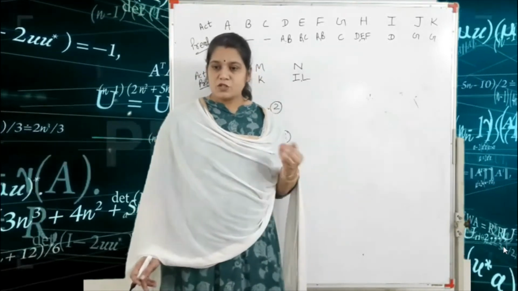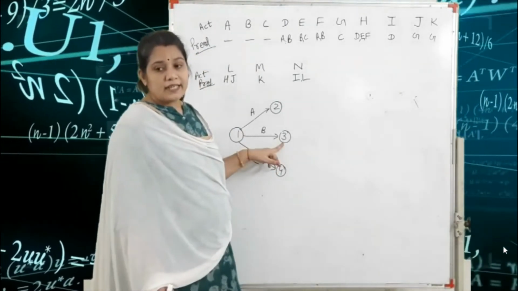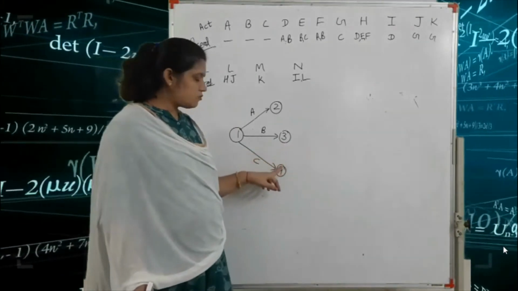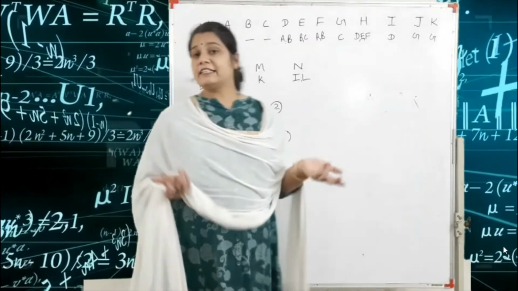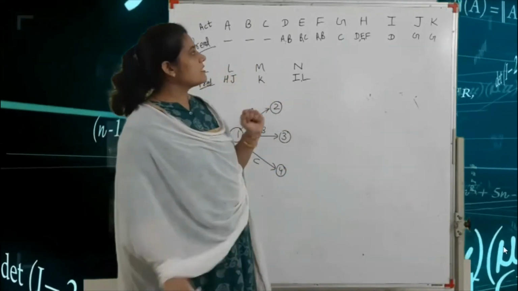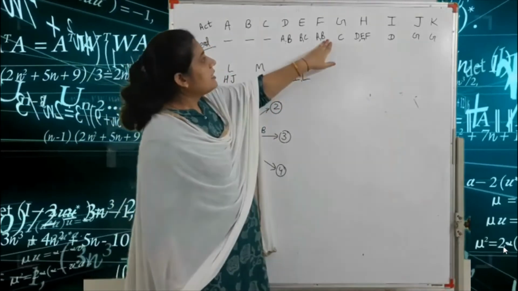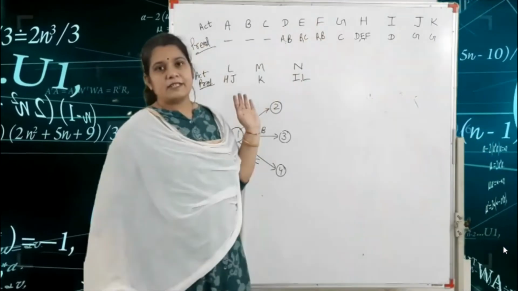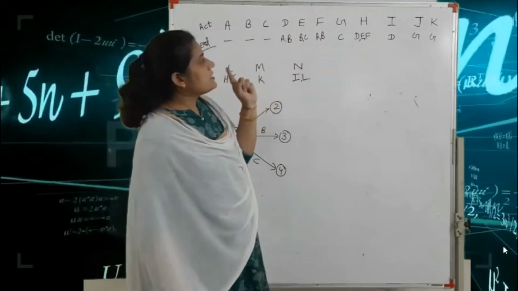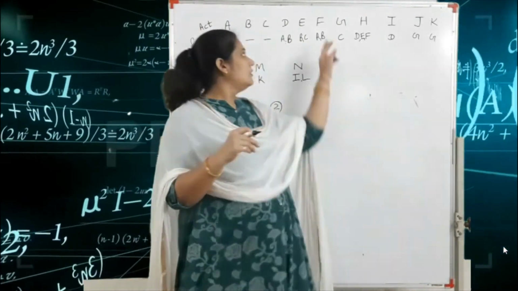Got it? So here first we write B and C. Again, what is the direction, B to C or C to B? Here is again confusion, so we check the next preceding activity. The next preceding activity is that when A and B are completed, then the F activity starts. Here A and B activities are completed, then we write two arrows, D and F activities.